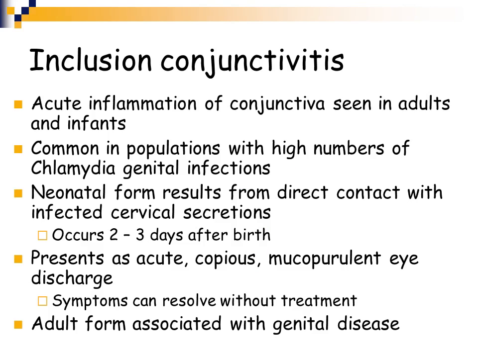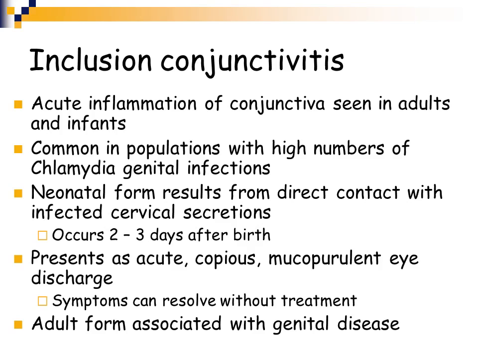The other disease that Chlamydia trachomatis can cause is inclusion conjunctivitis, which is an acute inflammation of the conjunctiva seen both in adults and infants. It's more common in populations that have higher numbers of chlamydia genital infections.